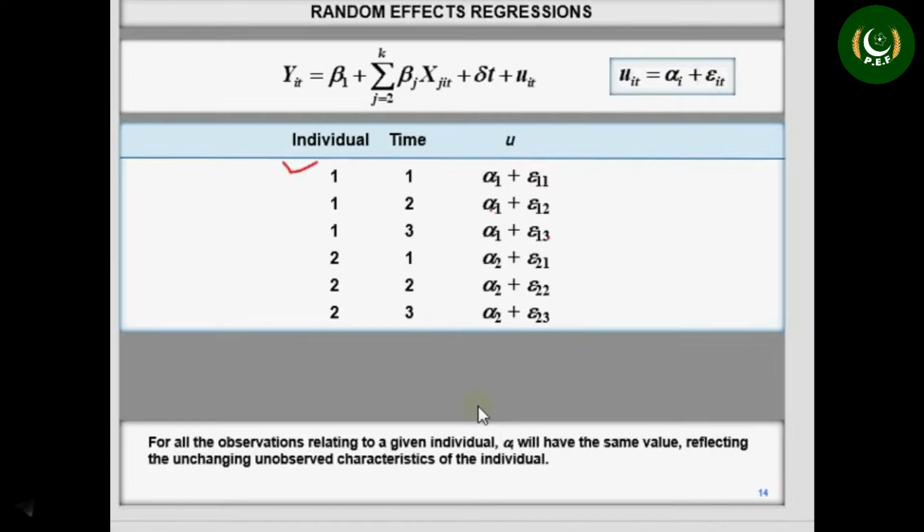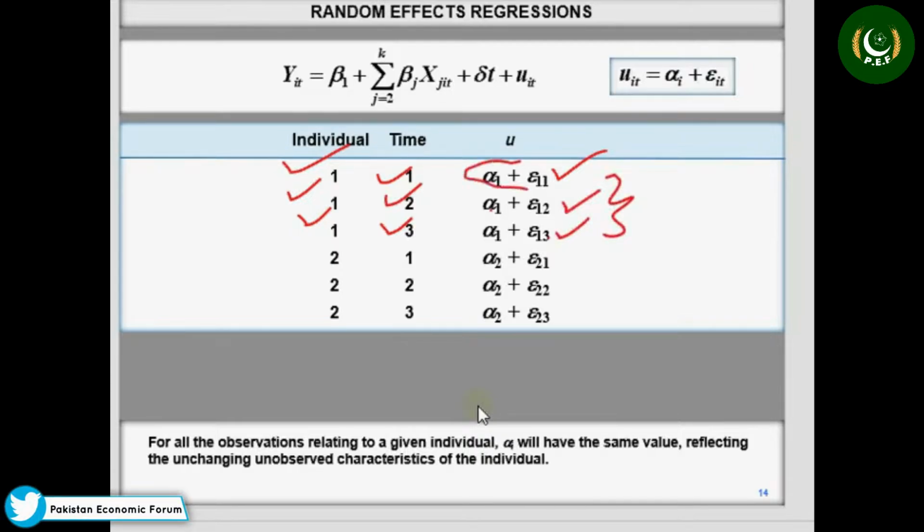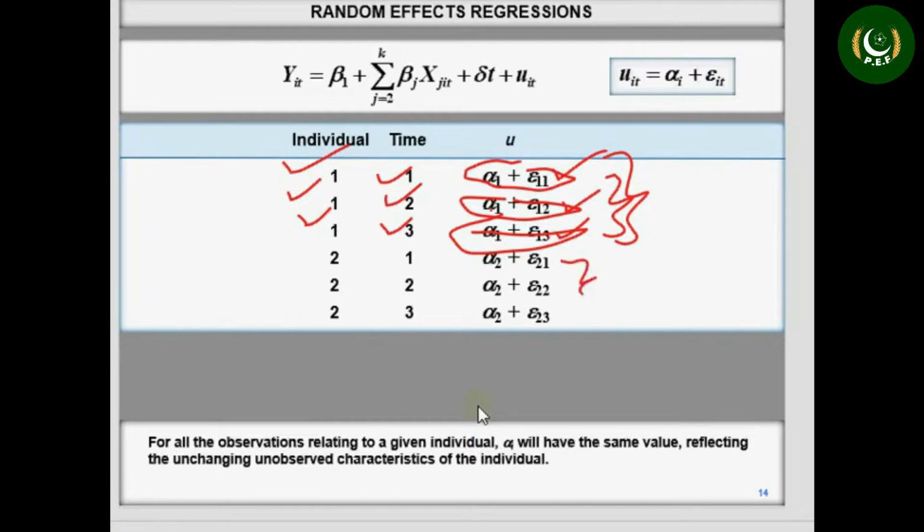You have individual 1 over time periods 1, 2, and 3. You have alpha_1, epsilon_11, epsilon_12, epsilon_13. These 3 epsilons are independent of each other. But when alpha_1 is added, these become correlated over time. The same is the case for individual 2, individual 3, and so on.